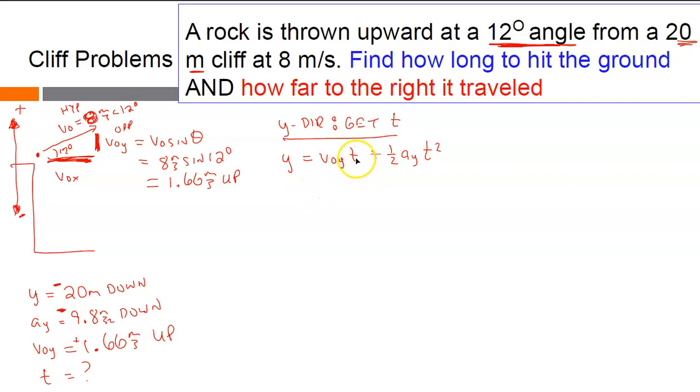And what that means is I'm going to end up with a term that has t in it, and I'm going to end up with another term that has t squared, and that's what we call a quadratic equation. Okay? Probably the best thing to do at this point is just to go ahead and take these numbers and jam them into your equation here. So I'm going to put negative 20 equals positive 1.66 t plus 1/2. The acceleration was negative 9.8. And you really got to pay attention here and get the signs right, because they do matter. All right? It looks like that.